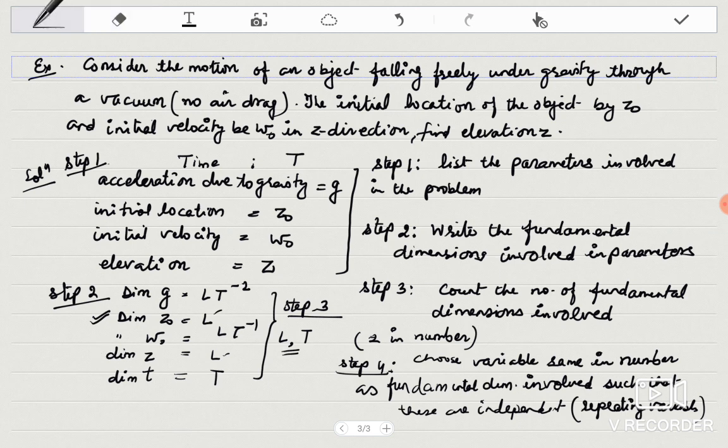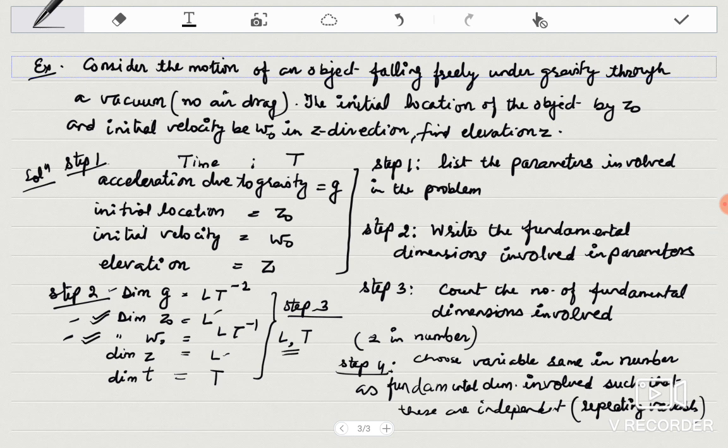Similarly, I have to take another variable which should be either from kinematical or from dynamical. I see that W is velocity, so it is related to kinematics. I may choose W0, or I may choose G because G is a force, so it is related to dynamical property, not similarity, sorry, property. So it is a geometrical property, it is a kinematical property, and it is a dynamical property. So it is my choice.